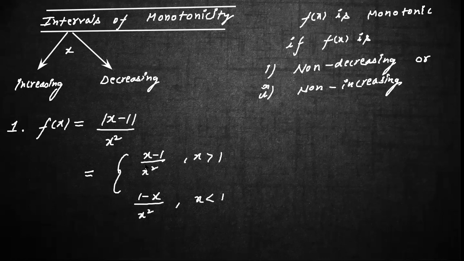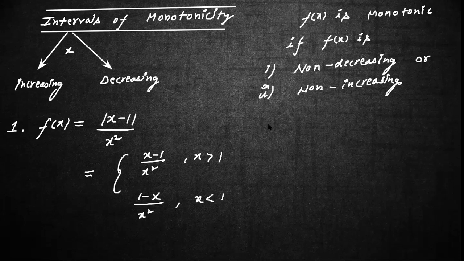We can take the derivative by taking them separately, that is 1 by x minus 1 by x square. That will be very easy, you don't have to apply the quotient rule.